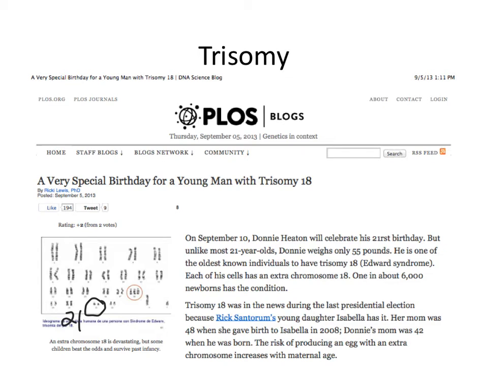It has some of the fewest number of genes, which means you don't die at birth or before birth when you have an extra copy of this chromosome. Normally, if you have an extra copy of a chromosome, chromosome 1, for example, the biggest chromosome, or chromosome 2, 3, 4, etc., the imbalance of the number of genes you have on those chromosomes compared to what you're supposed to have, 2 copies of each gene, is so great that usually it kills the fetus.